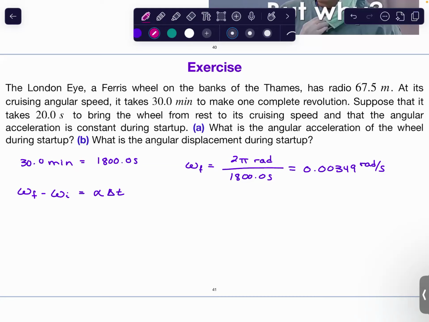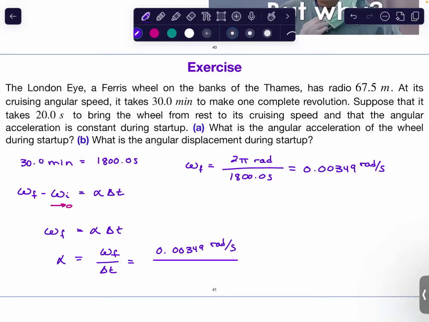Now, which part of this kinematic equation becomes zero? The initial, because it starts from rest. Okay, so I'm going to have alpha equals omega final over delta t, which is going to be your 0.00349 radians per second over what?